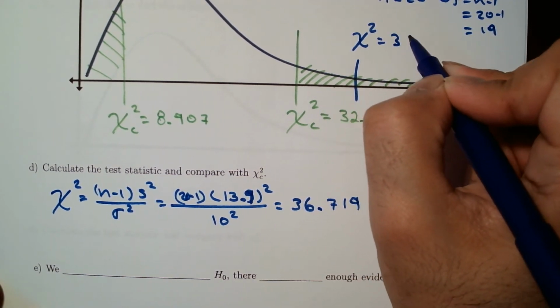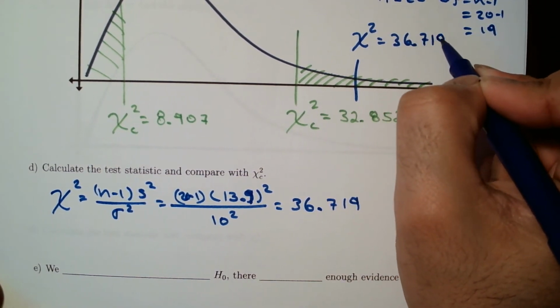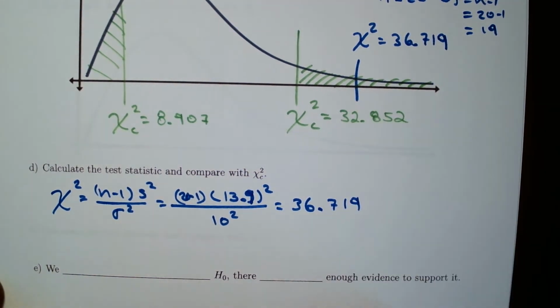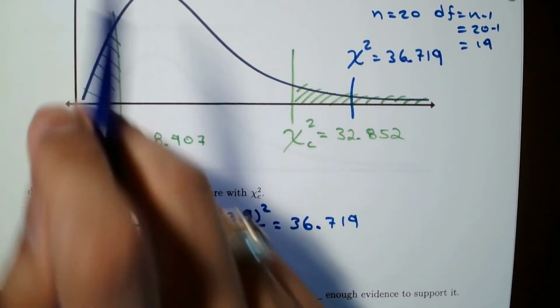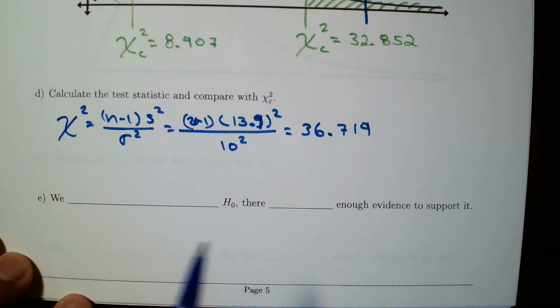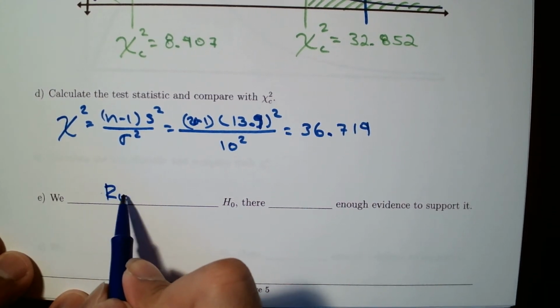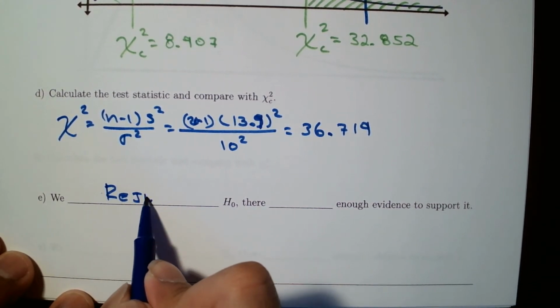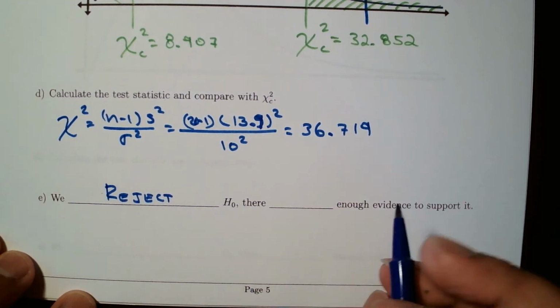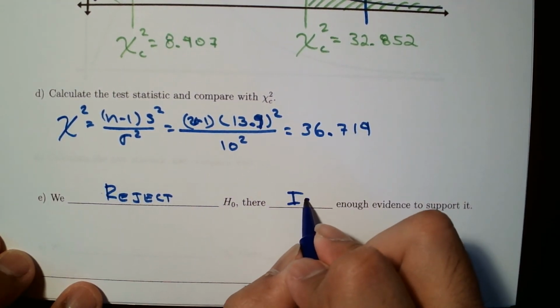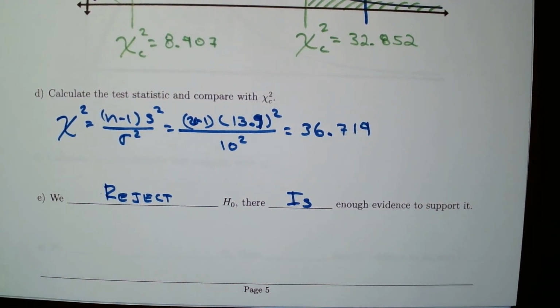And for this reason, we have enough evidence that the alternative hypothesis wins. So we reject the null hypothesis because there is enough evidence to support our claim.